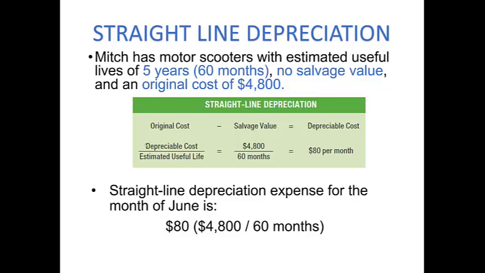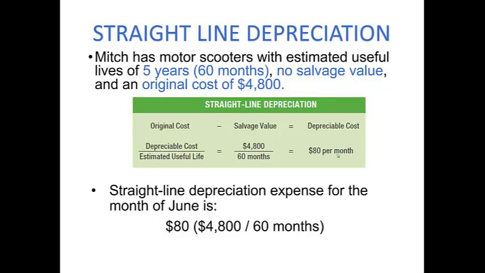Then we'll take the depreciable cost and divide it by the estimated useful life. Our cost here is $4,800 and no salvage, so the depreciable cost is $4,800. We're going to divide that by 60 months because we want 1 month's worth of depreciation. So $4,800 divided by the 60 months is $80 per month.